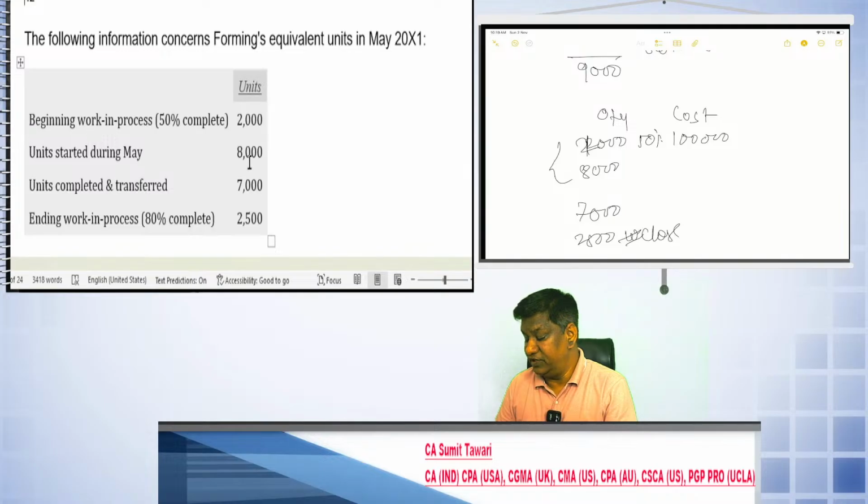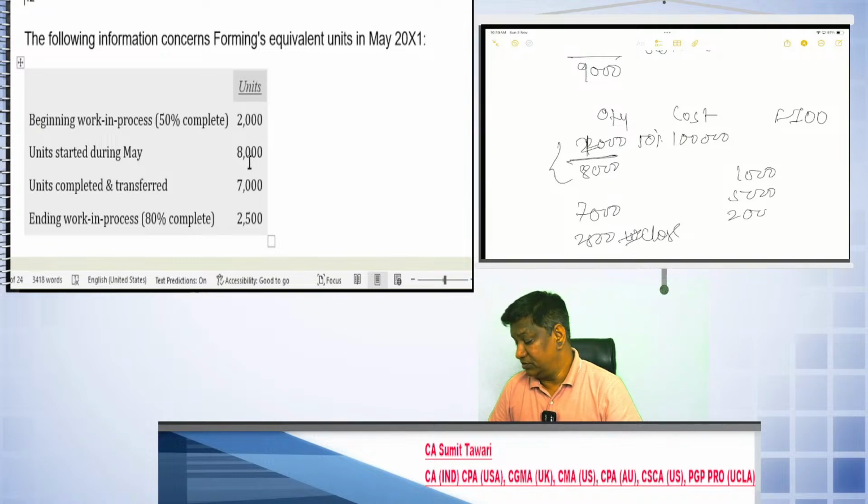As we need to consider the opening quantity as well in weighted average, in first in, first out we need to consider 1,000 plus 5,000 and then 80% of 2,500, which means 2,000. That should be 8,000 for first in, first out. But in weighted average we need to consider the full 2,000.